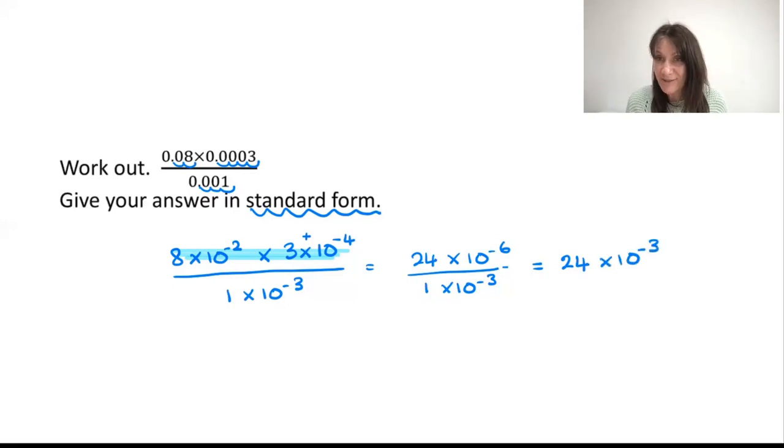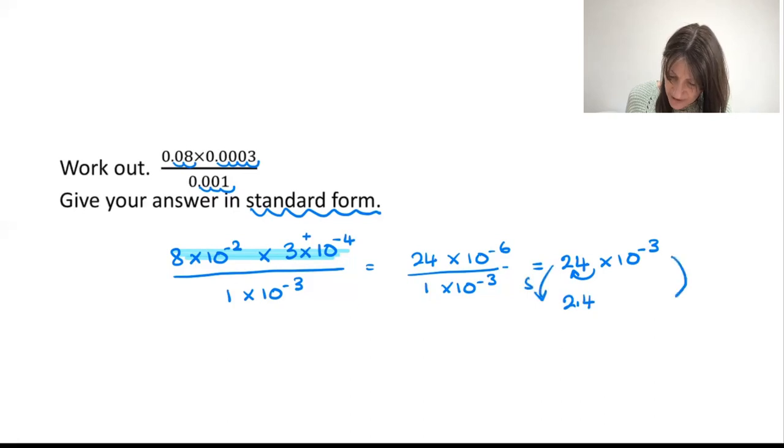Now, it's not in standard form yet because it's 24, not 2.4. So that will become 2.4. This side has become smaller, so this side must become bigger. So it's 2.4 times 10 to the minus 2.